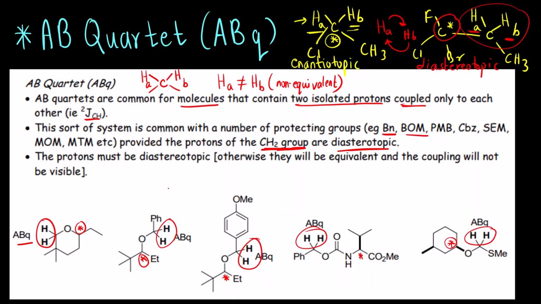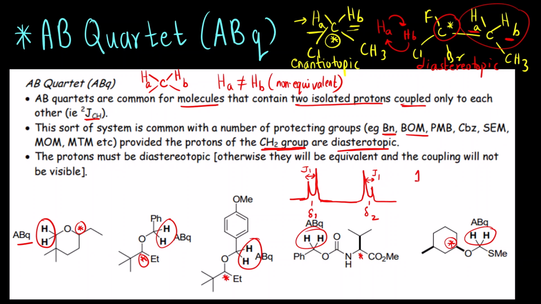Now, how does this AB quartet look? Here also there are split peaks. One is this doublet, and then there is a longer distance to the next, like this. This value is the J value, and here there is another J value. This is J1 and this is also J1.